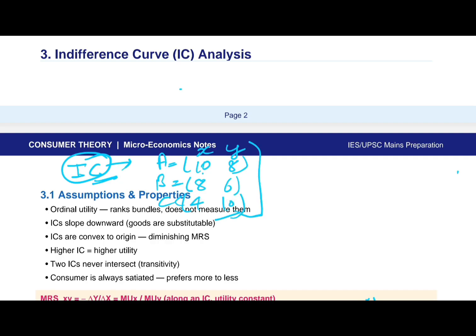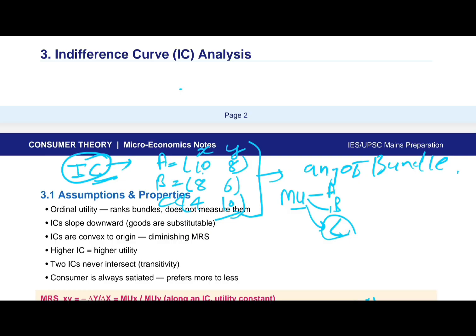So after consuming any of the bundles, we get the same utility. It means my utility is the same for bundle A, bundle B, and bundle C. So if we draw it in a graph, we get something like this.